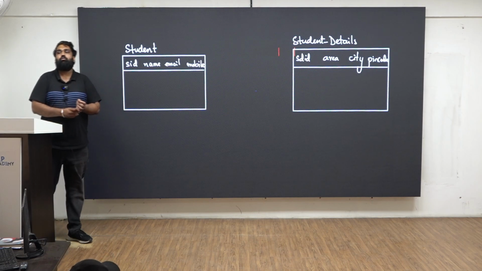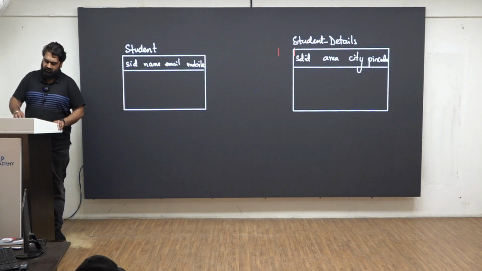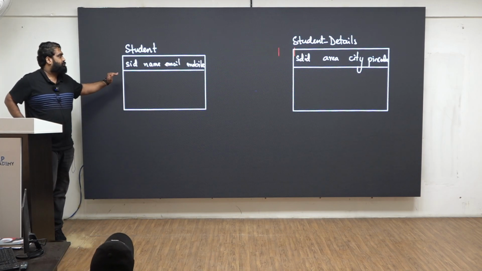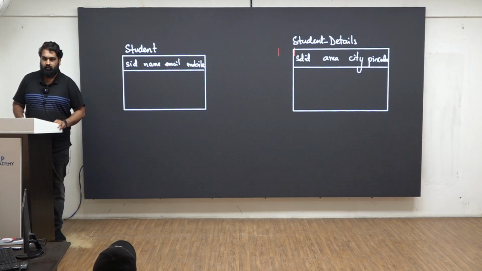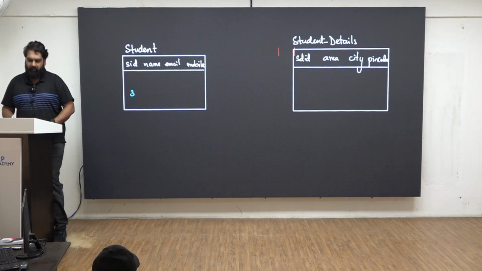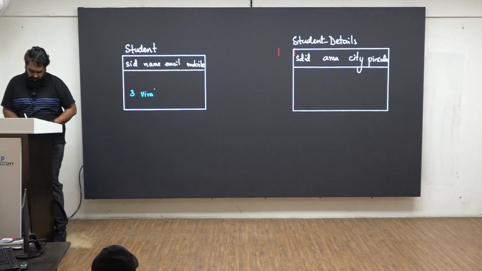Now what I want to do is, whenever I try to insert some data into the student table, assume that I want to insert a record where the ID is 3, name Virat, email vk@gmail.com, and some mobile number.